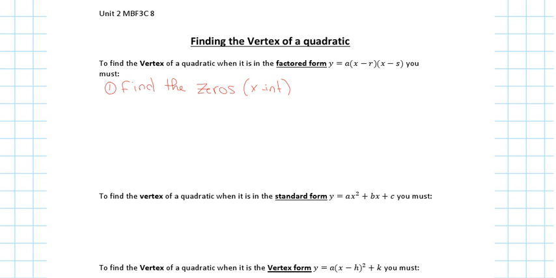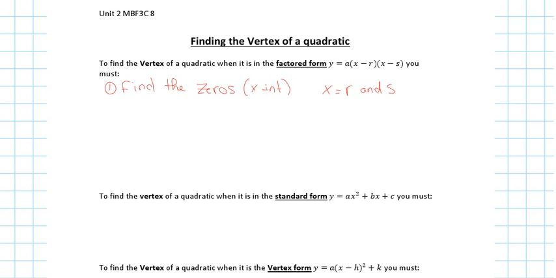What are they called? R and S. After I find the zeros, I can find the axis of symmetry by, how can you find the middle? What do you do to find the middle? Add them together and divide by 2.